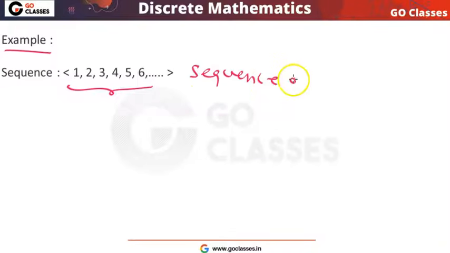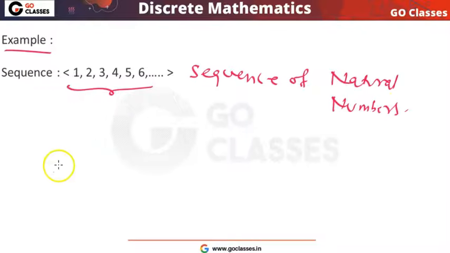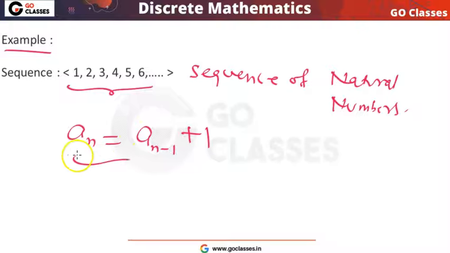Let's see one more example. You can notice that recurrence relations are everywhere. For example, this is the set of natural numbers, a sequence of natural numbers. Here also there is a recursion. Every term an is the previous term plus 1. What is the initial condition?